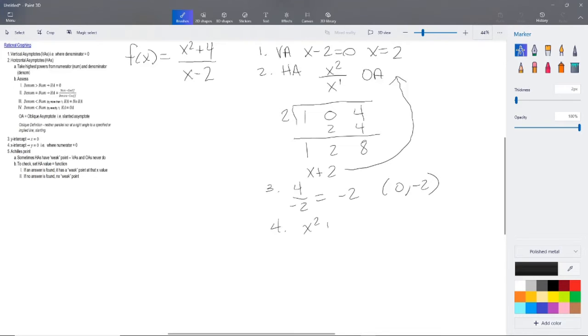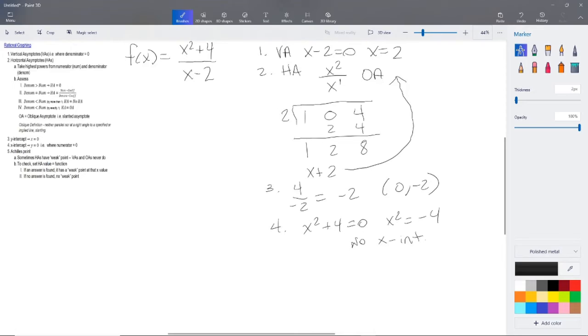So x squared plus 4 equals 0, which means that x squared equals negative 4. And we've got a bit of a problem here, because while we could solve this by taking the square root of both sides, that would give us a negative 4 in the square root. So algebraically, it would tell us that the answer is plus or minus 2i. But graphically speaking, that means it doesn't have an x-intercept. So we can say there's no x-intercept.